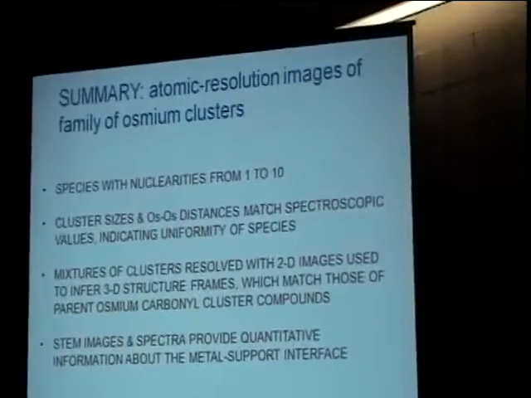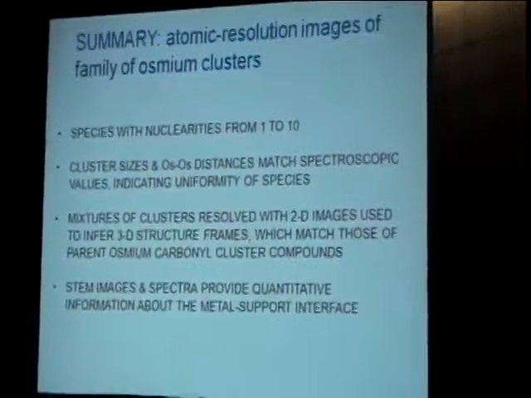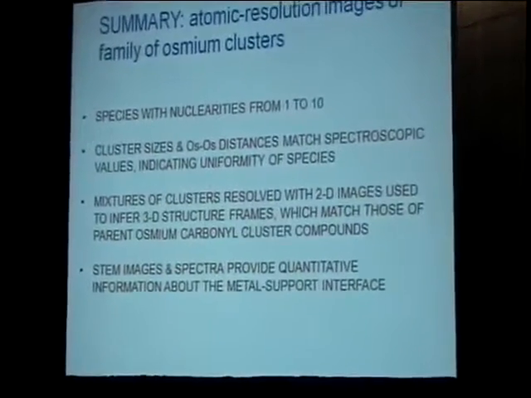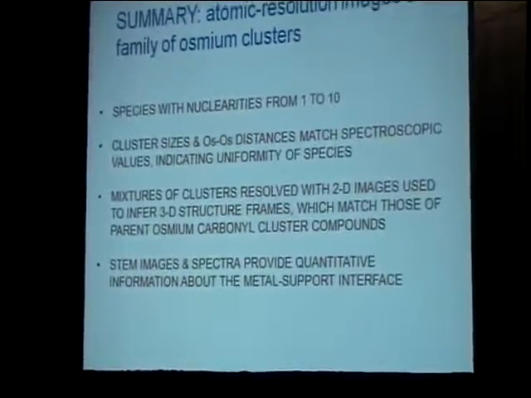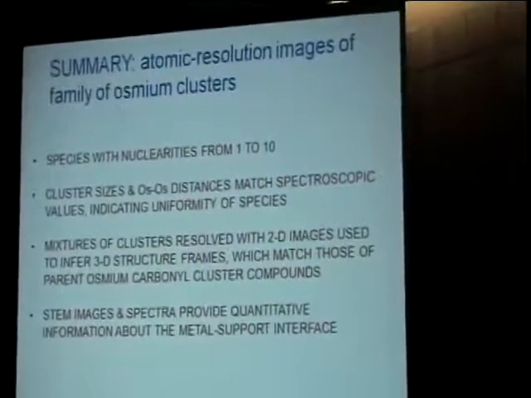The bottom line importance is that not only can we get quantitative structural information about the supported metal species, we can get quantitative information about the metal-support interface structure, and that requires using spectroscopy in combination with microscopy.